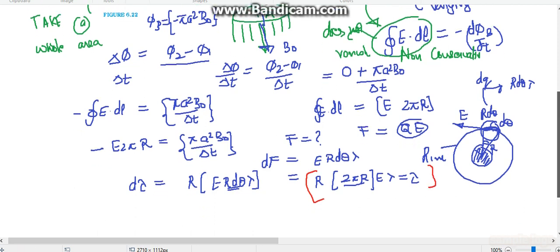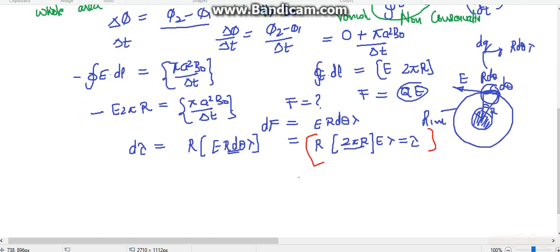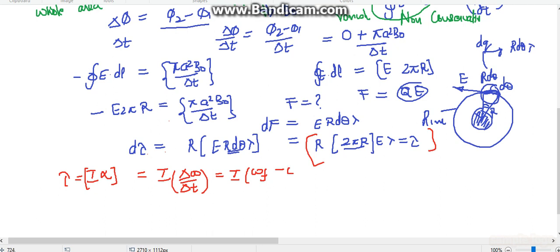This is actually a very useful problem because you have multiple concepts here. Torque is equal to I times alpha. I times alpha means I delta omega upon delta t, the rate of change of angular velocity, where the final angular velocity is omega and the initial is 0.